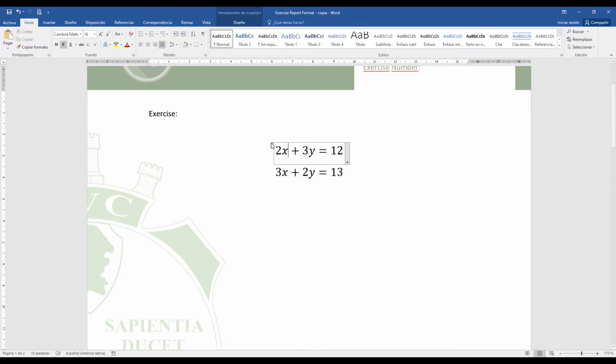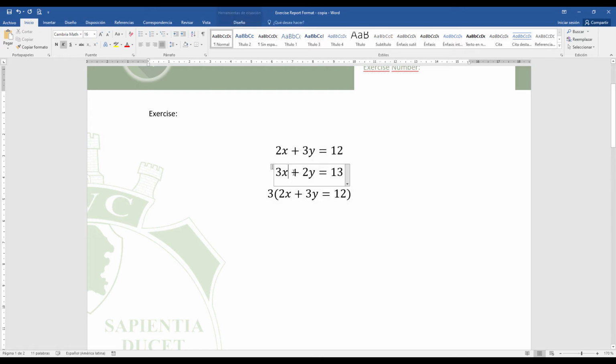For example, the first one I will multiply by 3. I will use the coefficient of the other equation of the same variable that I want to eliminate.